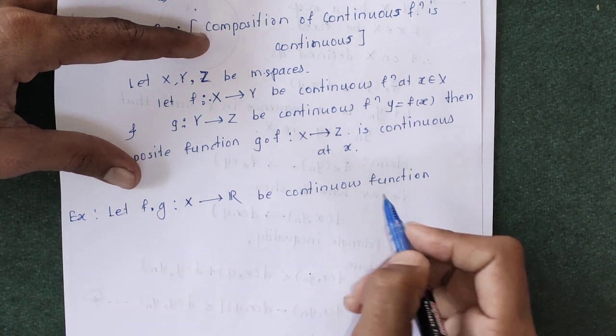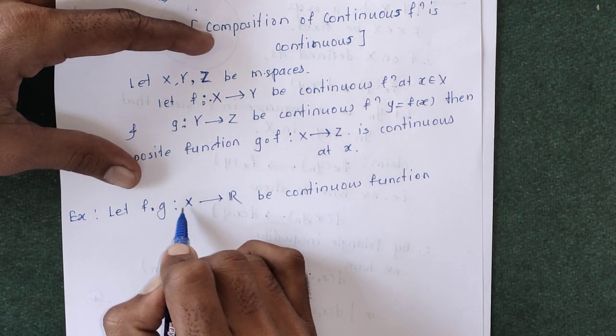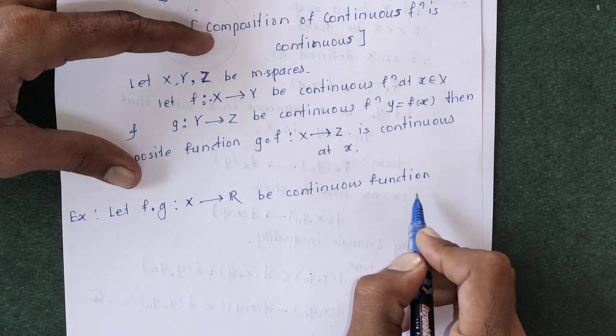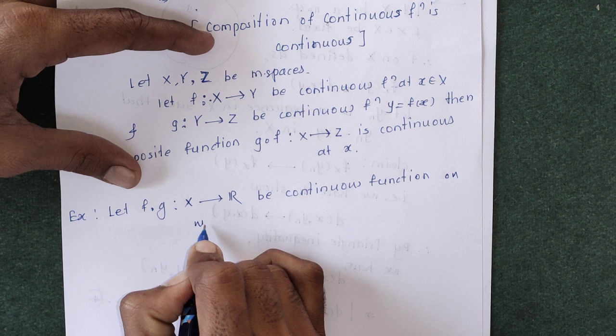So the next example is: f and g are two continuous functions from x to the real line, on a metric space x.